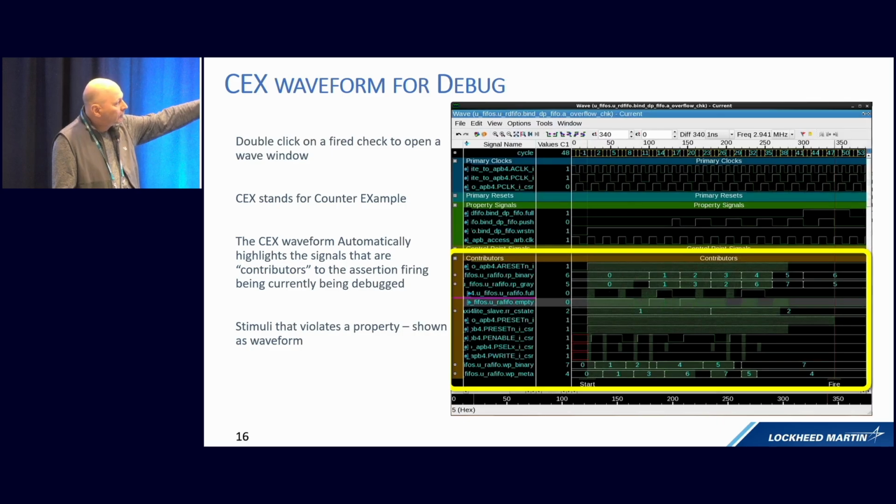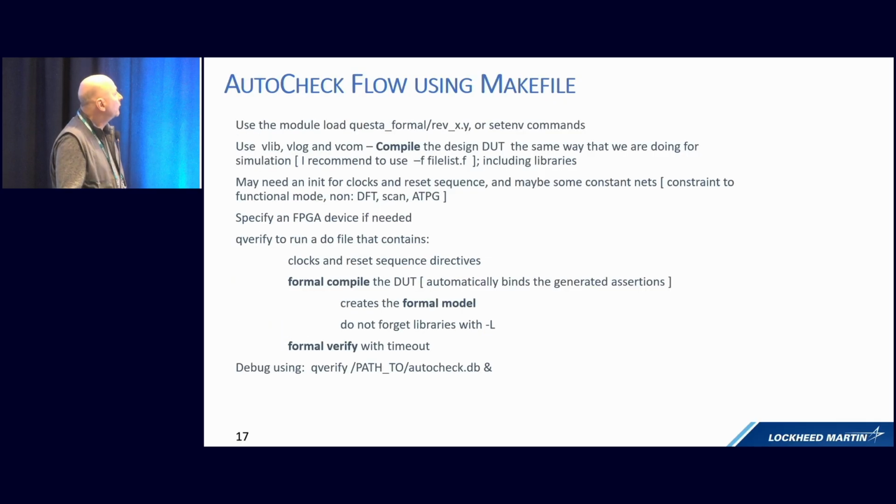What are the reset signal, the property signals for the property that failed, and most importantly, the contributors. So automatically, the tool shows me what signals to look at, how they change in order to get to this error. So the counterexample helps in debug. It's more efficient debug.